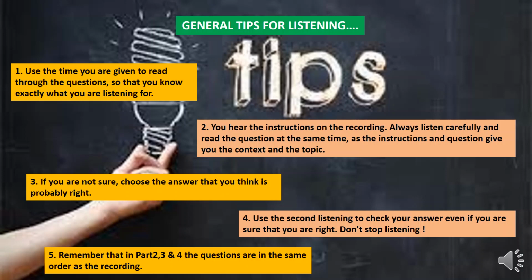Always listen carefully and read the question at the same time as the instructions and question give you the context and the topic. If you are not sure, choose the answer that you think is probably right. Use the second listening to check your answer even if you are sure that you are right. Don't stop listening. Remember that in part 2, 3, and 4, the questions are in the same order as the recording.